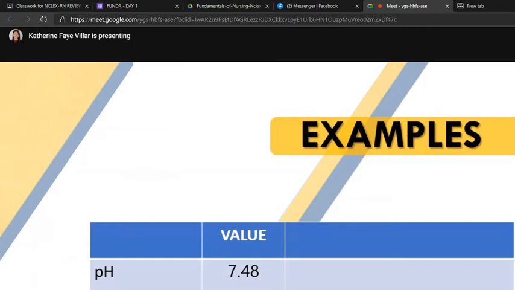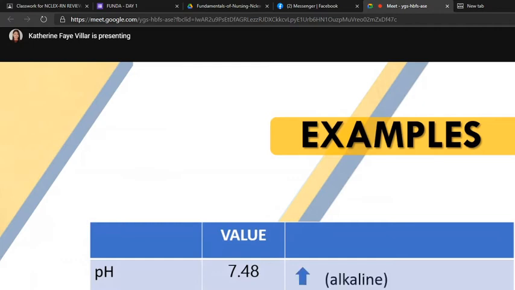Acidotic. 7.35 to 7.45, right? Sabi ko kanina, any number that is more than 7.45 is considered as alkaline.